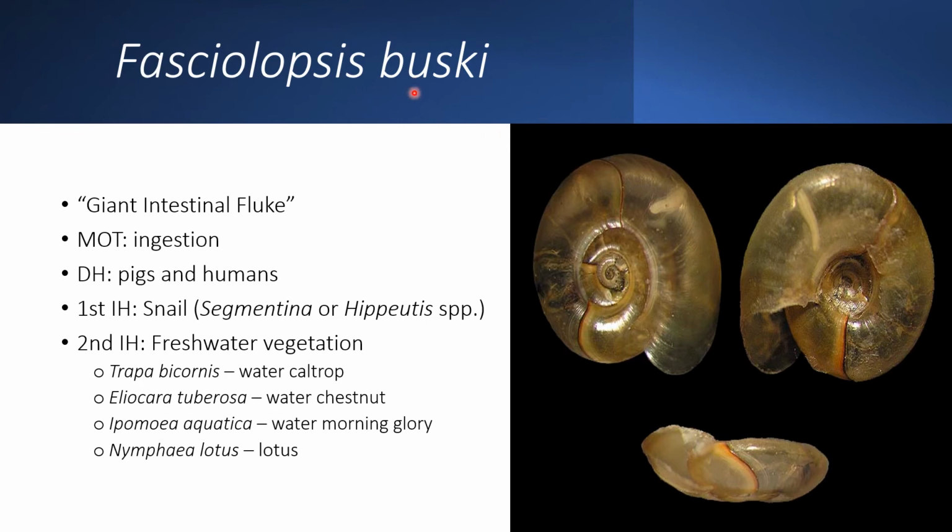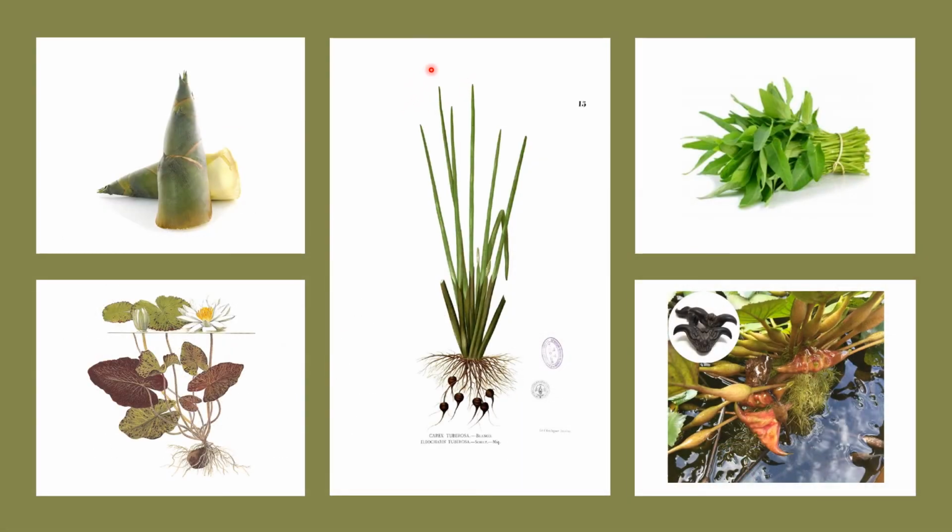The habitat of Fasciolopsis buski is mainly the mucosa of the duodenum and jejunum of man and pig. These are the second intermediate hosts of F. buski. We have here bamboo shoots, an example of lotus, and an example of water chestnut. These are ingested.